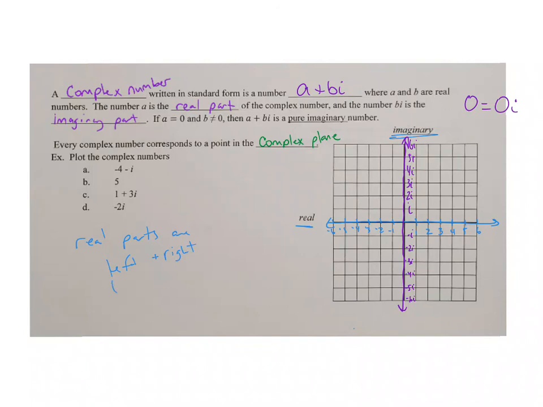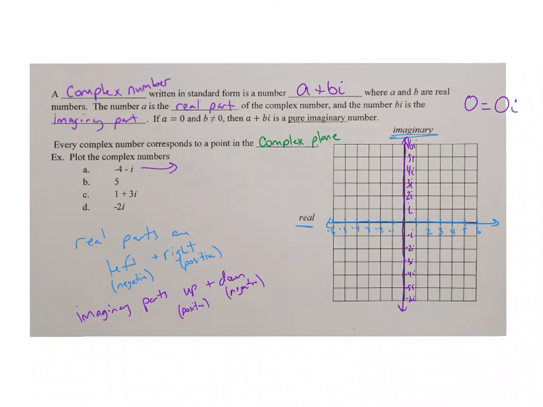Left if they're negative. Right if they're positive. Imaginary are up and down. Up if they're positive. Down if they're negative.